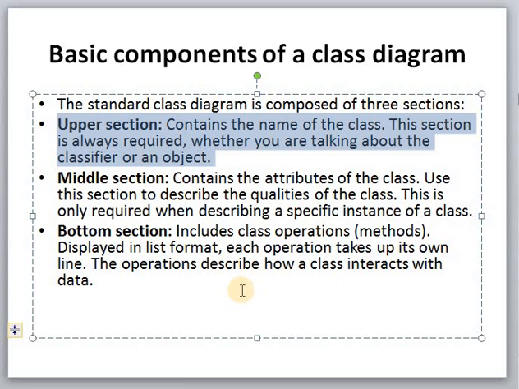Always remember, in order to present a class, you need to mention the name of the class in the upper section of that rectangle. This section is always required, whether you're talking about a classifier or an object.